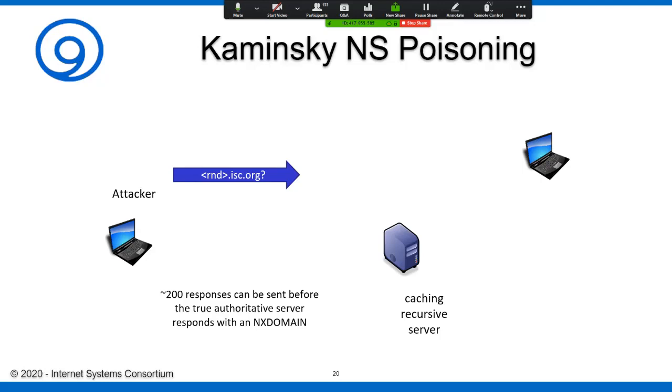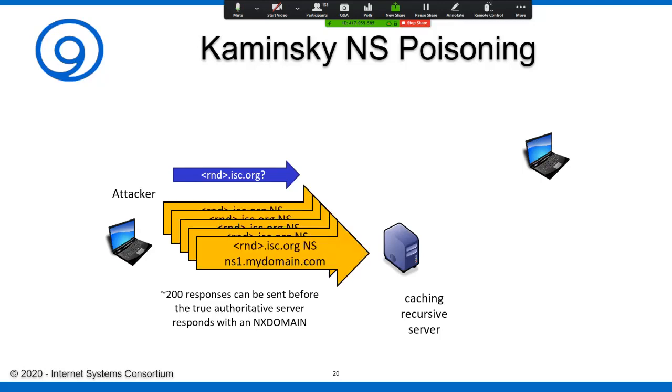The neat thing is, if you take the range of the 16-bit value and you split it across 200, divide it by 200. We'll see in just a second why that's a very important number, but let me show you here the responses that you're sending. We are not trying to get www.isc.org.